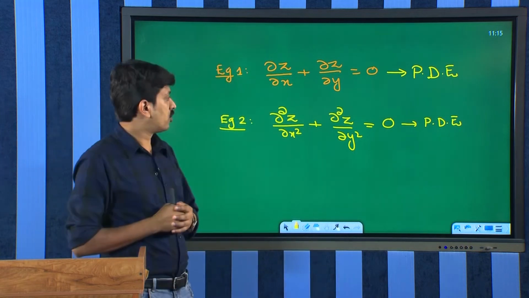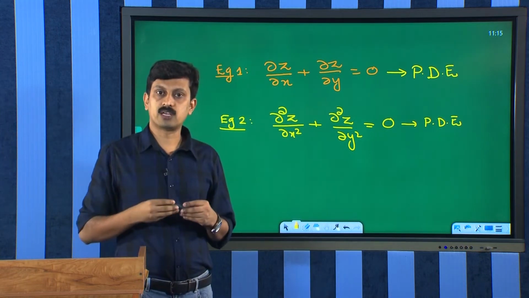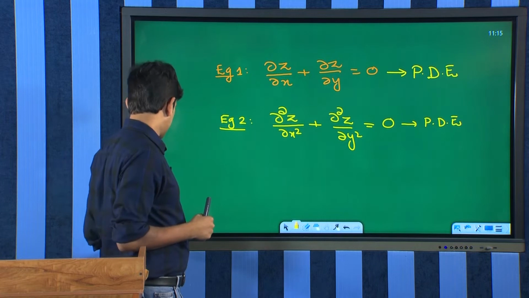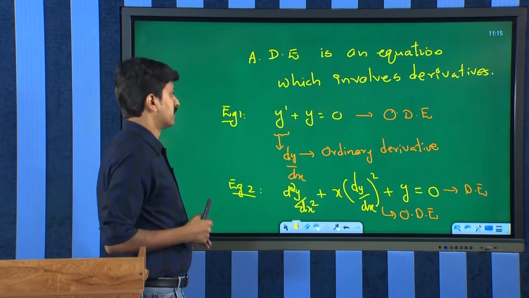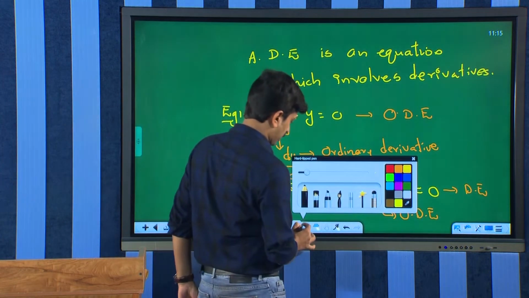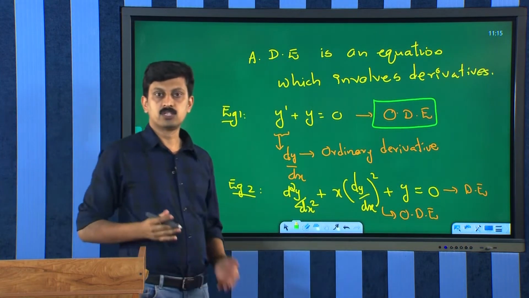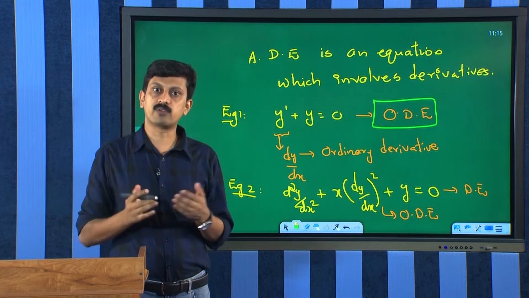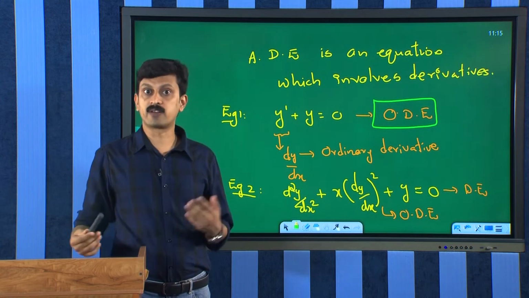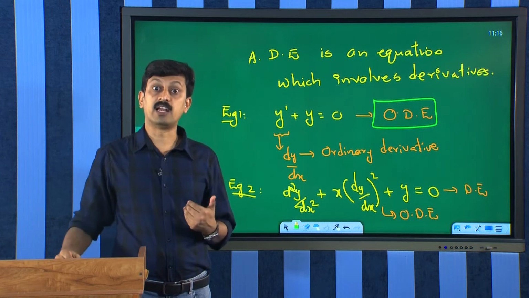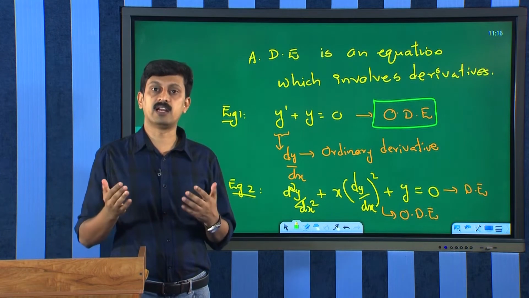So, in our course, our focus is only on the ordinary differential equation, the ODE. This ODE we can also categorize, as there are different orders of derivatives and different degrees of differential equations.